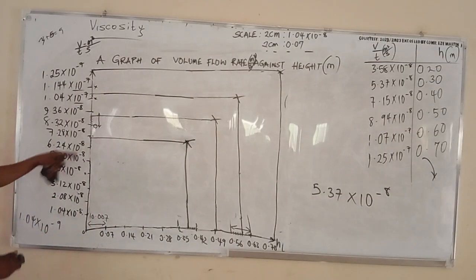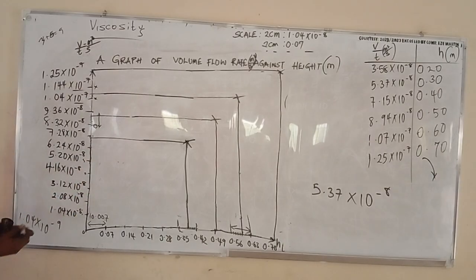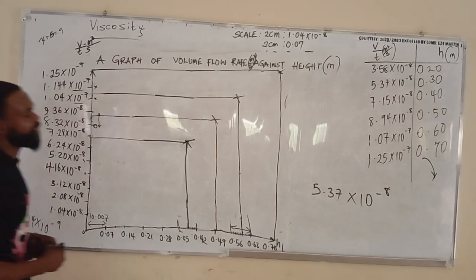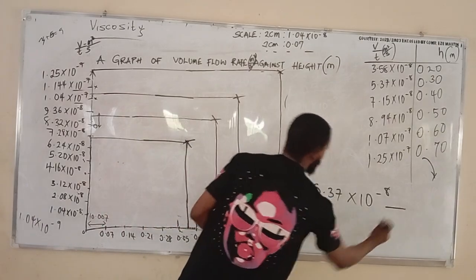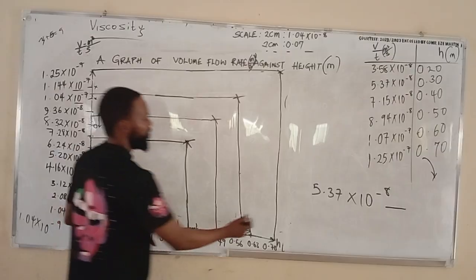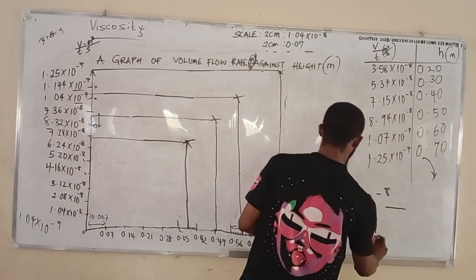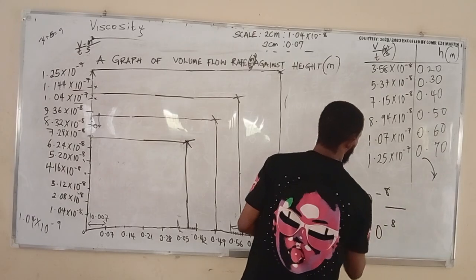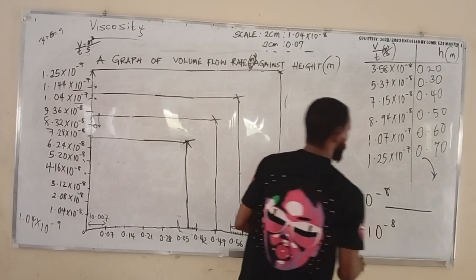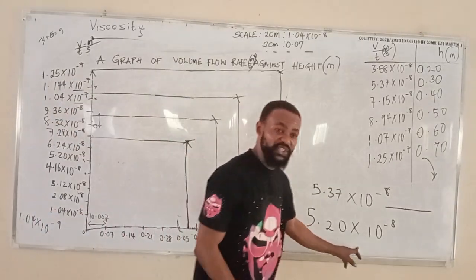So I have 5.37 minus, this is where I am, minus 5.20. Somebody will write this thing well, won't he?